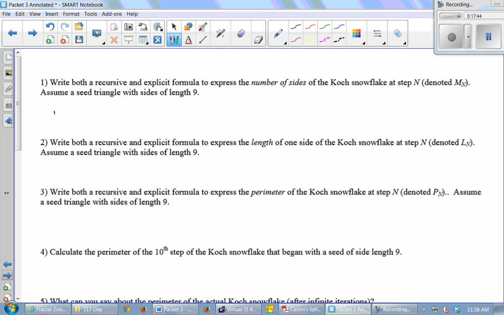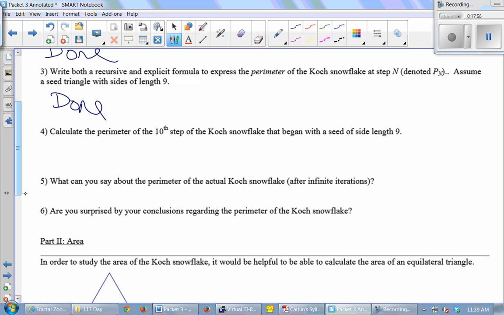Okay, so let's see, we did this in the table. Okay, calculate the perimeter of the 10th step of the Koch snowflake if we started with a side of length 9. So I know my perimeter. We had a formula, 27 times 4/3 to the n.